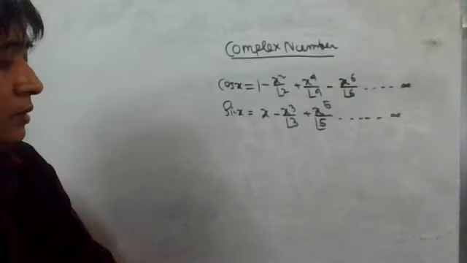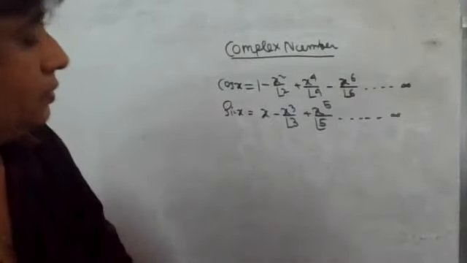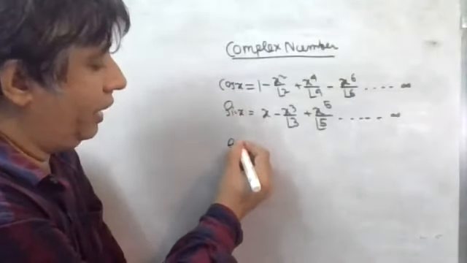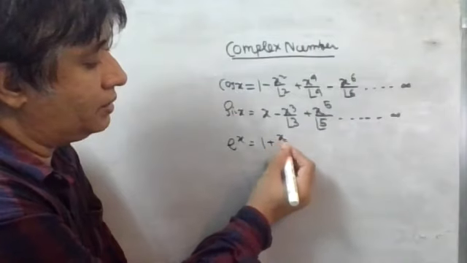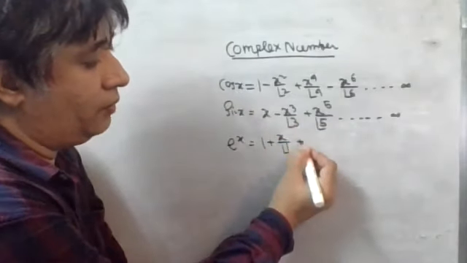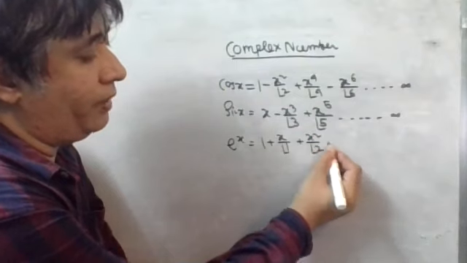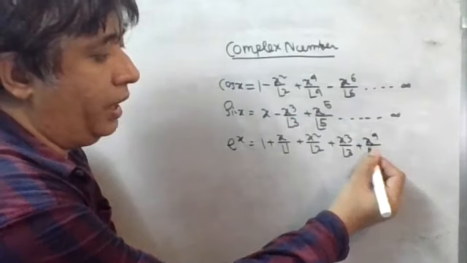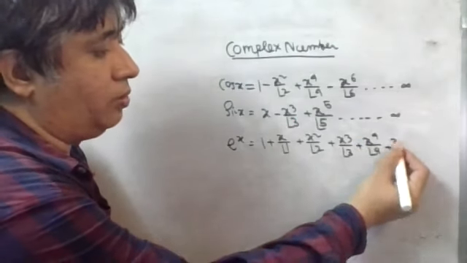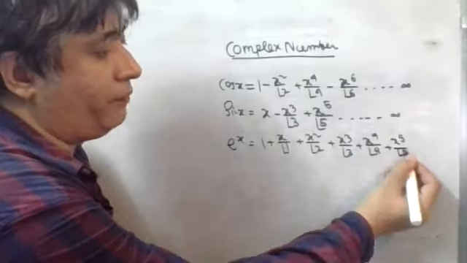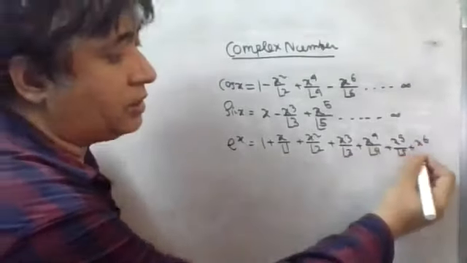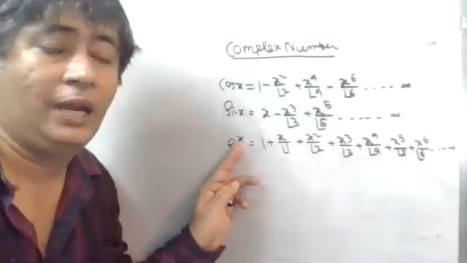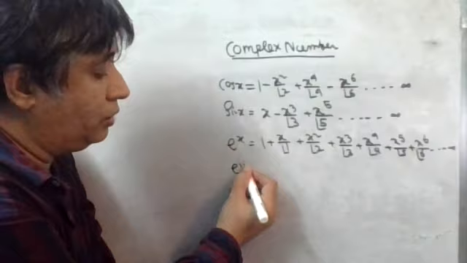Now, e to the power x is 1 plus x by factorial 1, x square by factorial 2, x cube by factorial 3, x to the power 4 by factorial 4, x to the power 5 by factorial 5, x to the power 6 by factorial 6, and so on. Now in place of x, I am replacing i: e to the power ix.